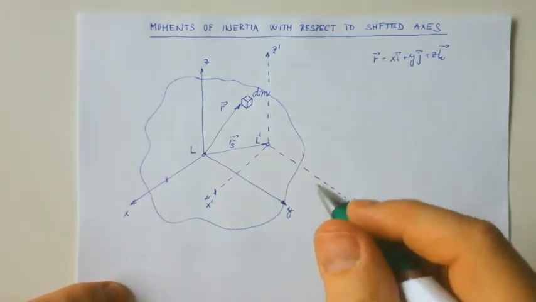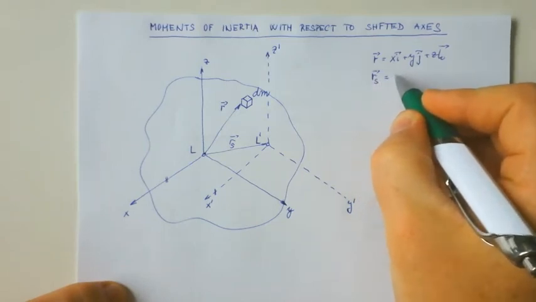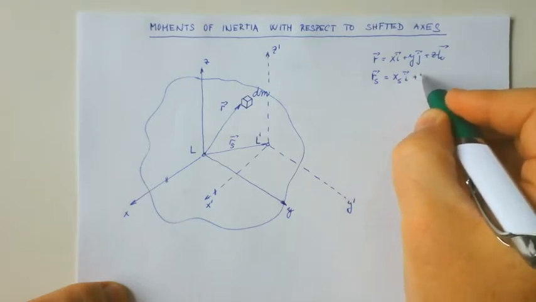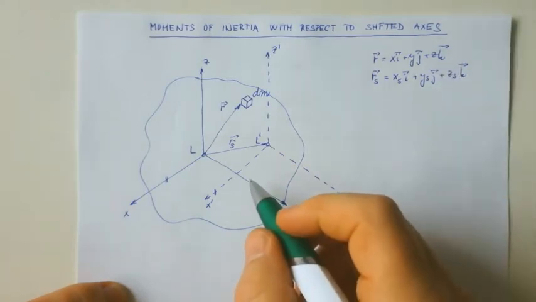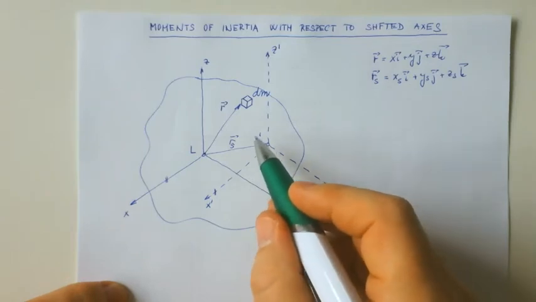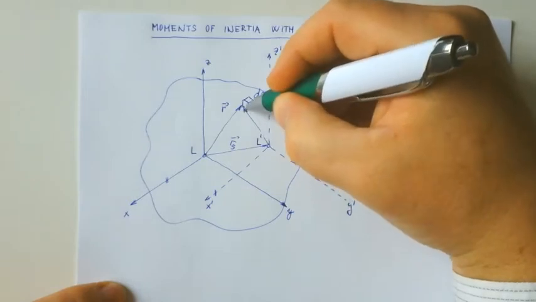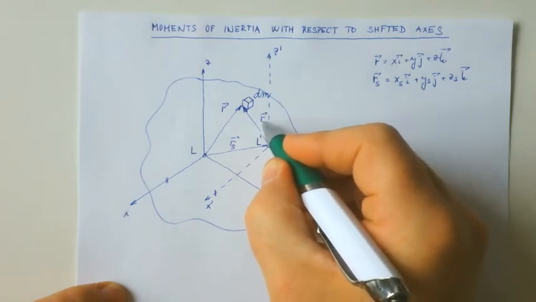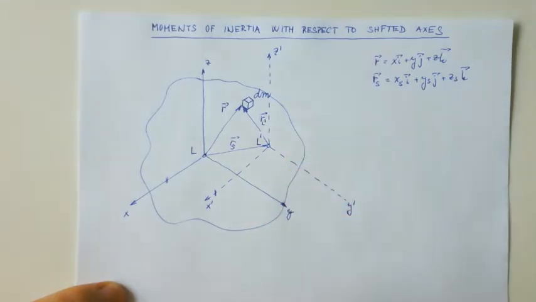It's a shifting vector, so rs is defined as xs i plus ys j plus zs k, and the new pointing vector, the displacement vector to mass dm, is r L with stripe, like this.